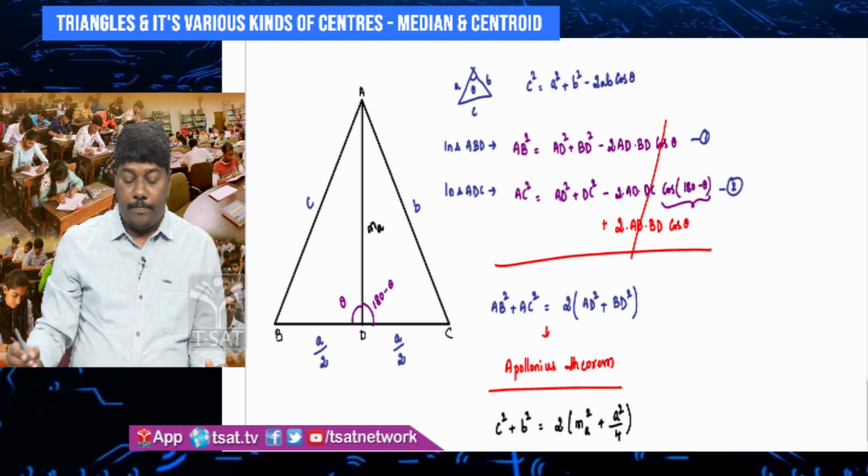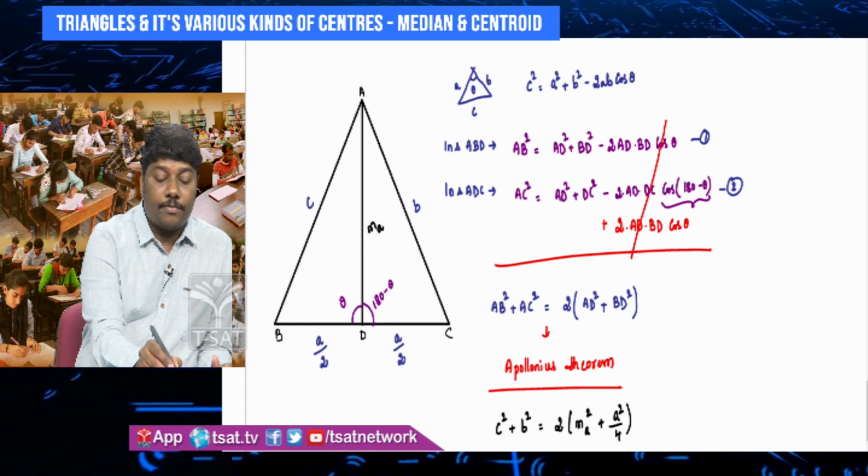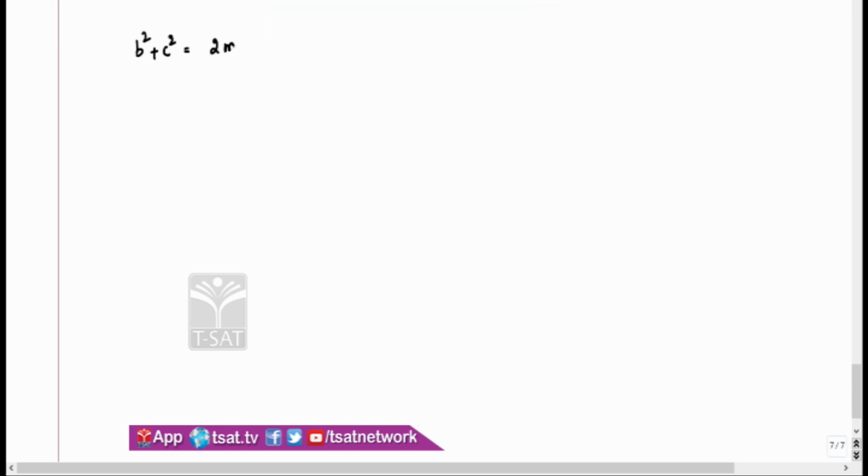Multiplied with 2, it becomes b square plus c square is equal to 2 ma square plus a square by 2, again multiplied with 2, 2b square plus 2c square is equal to 4ma square plus a square.